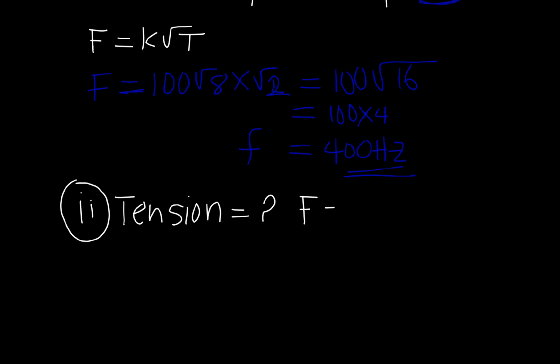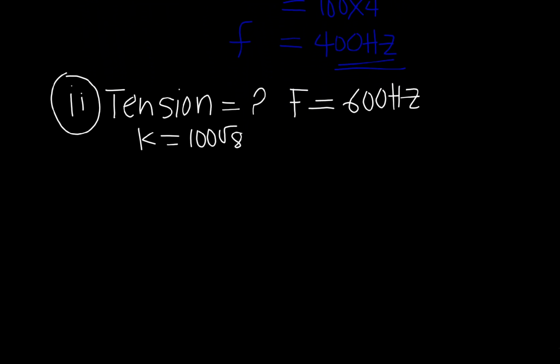whilst the frequency that was given to us here is 600 hertz. Do not forget the value of your K that has been given. K, we'll solve for K rather, 100 root 8, right?